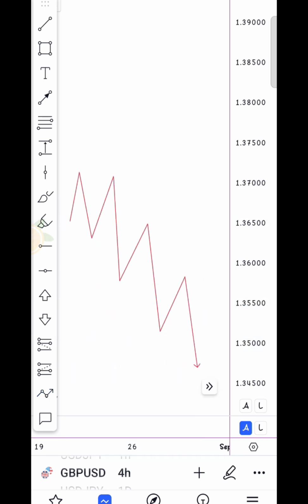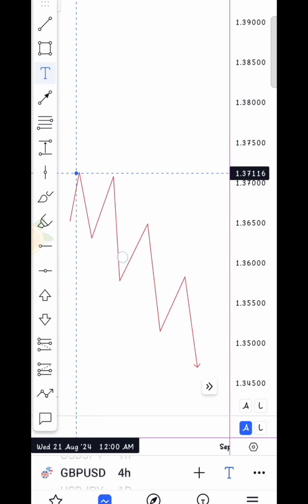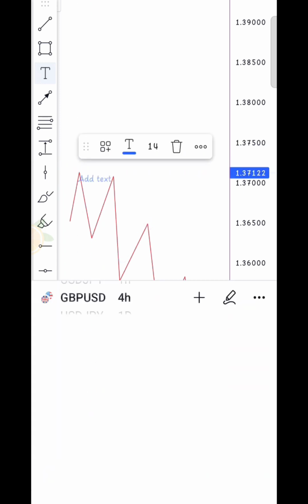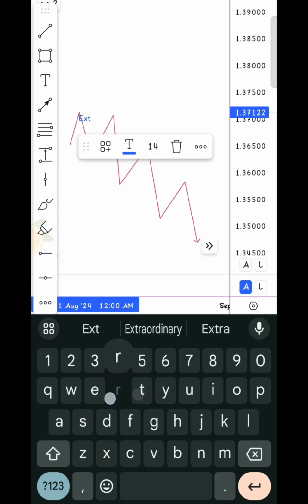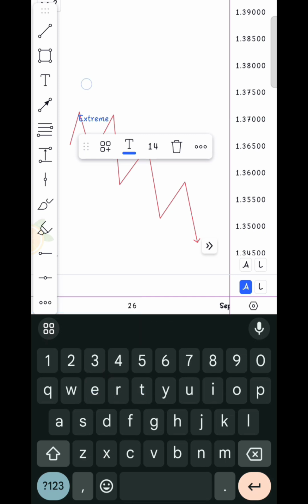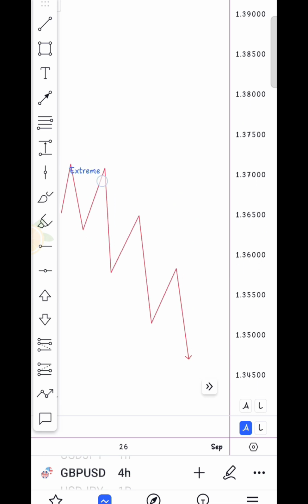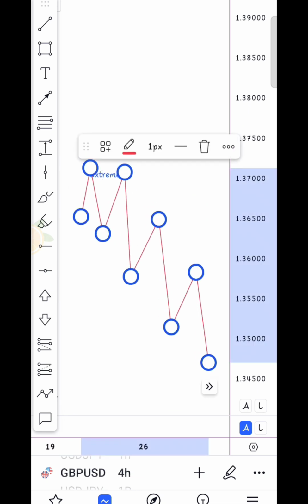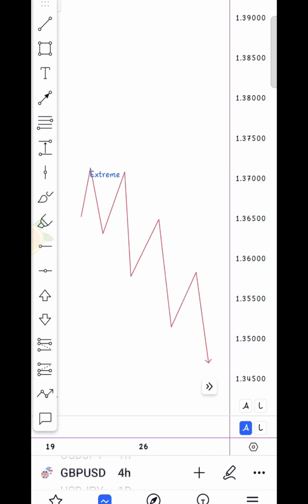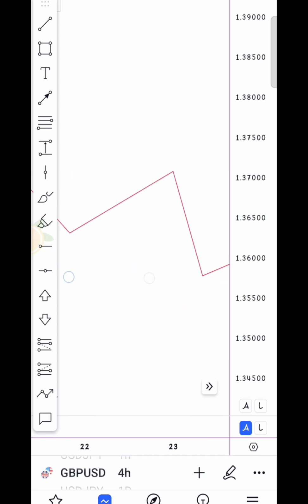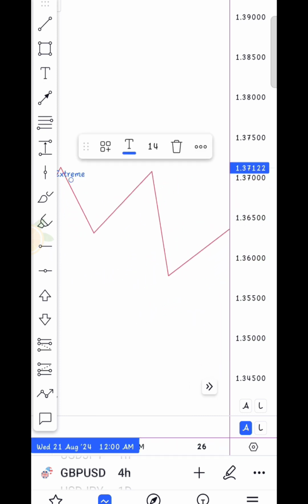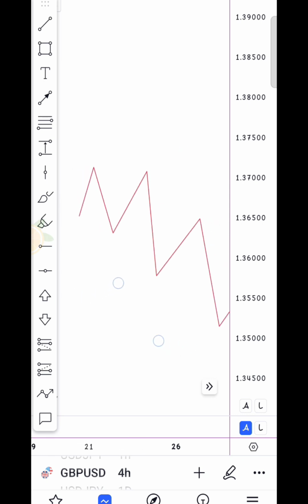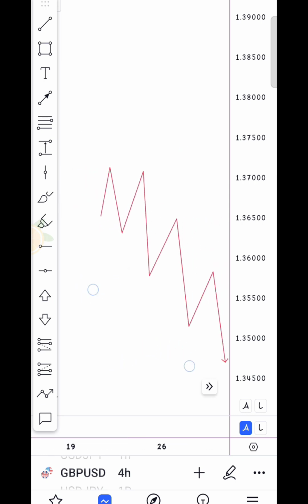Okay, so in short, if I may label them, right about here we have extreme. Let me use a call out so that it can be simpler for us.